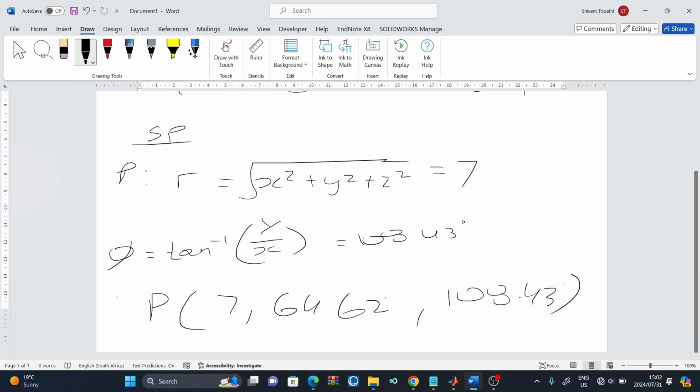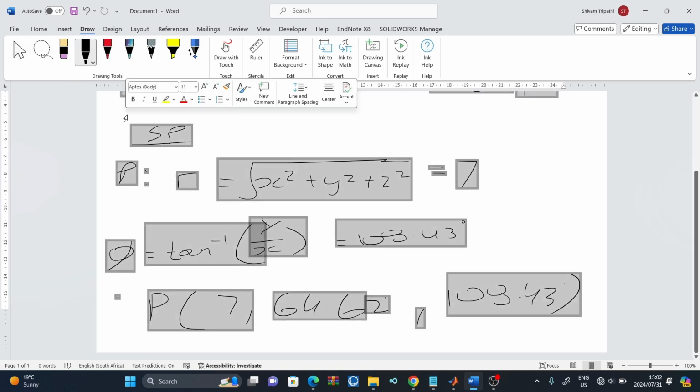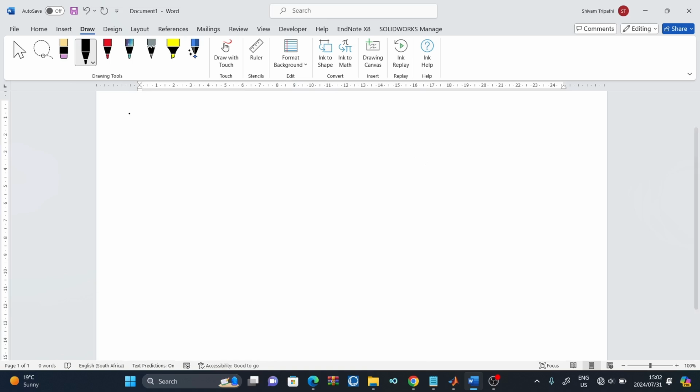Then let's see our spherical coordinates for A. Just remember, in this case A is a vector, so we have to do vector multiplication for A. We are given A with components Ax, Ay, and we'll make Az equal to 0.